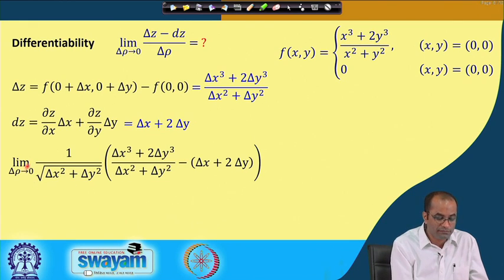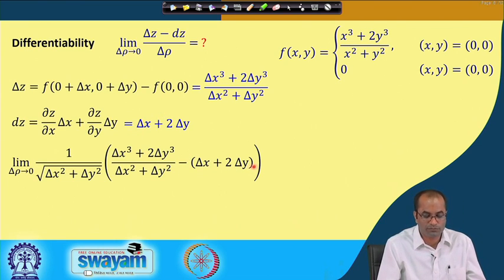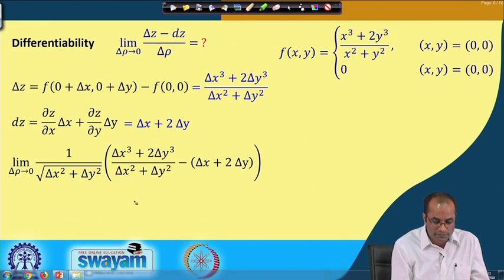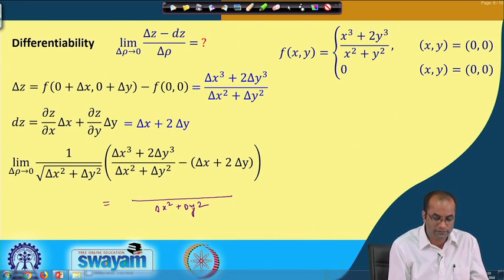If we take this limit again, here 1 over ρ and then this Δz, which is the expression in Δx squared and Δy squared, minus this dz term Δx plus 2Δy, and this one can simply be simplified.